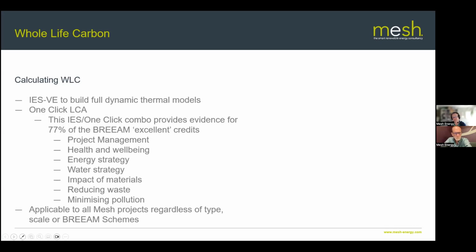And it's this combination that can provide evidence for at least 75% of the BREEAM Excellent credits, and that fall within project management, the health and well-being of occupants, the energy strategy, water, the impact of materials and reducing waste, but also testing projects for resilience and durability under future climate scenarios as well. But we apply this to all our projects, regardless of type, scale, or BREEAM schemes.